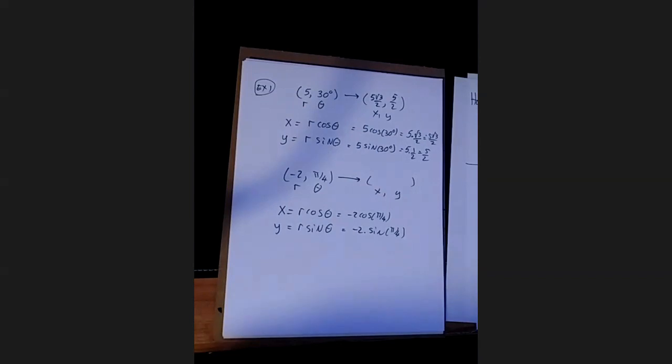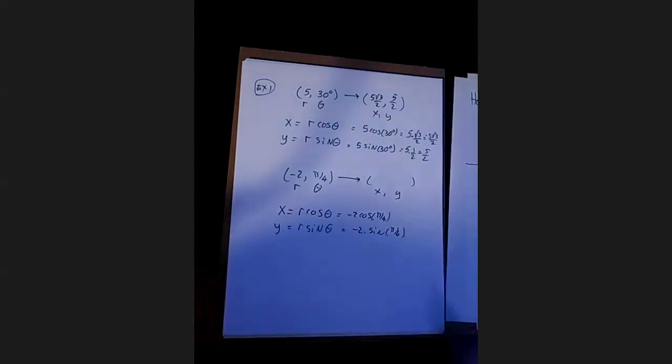Now, do you see this formula that we have here doesn't care if r is positive or negative, and it doesn't care if theta is radians or degrees. Just make sure you use the right mode when you do it. And it actually doesn't care if theta is 22.1 pi or negative 45 degrees. The formula is pretty resilient. You don't need to accommodate for anything. You've got a formula, you plug and chug.